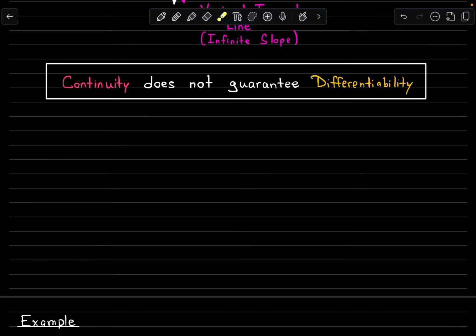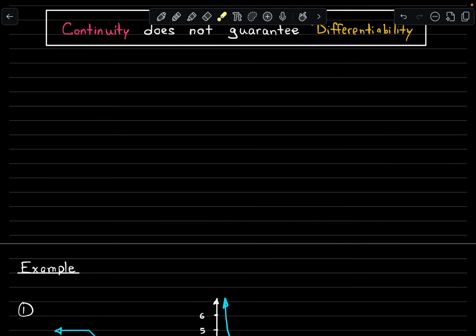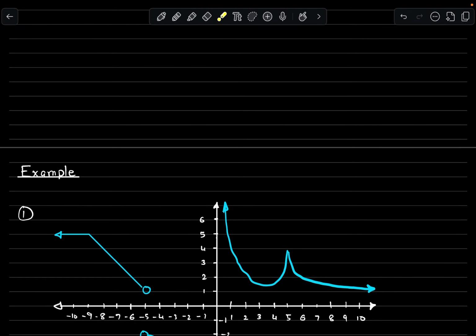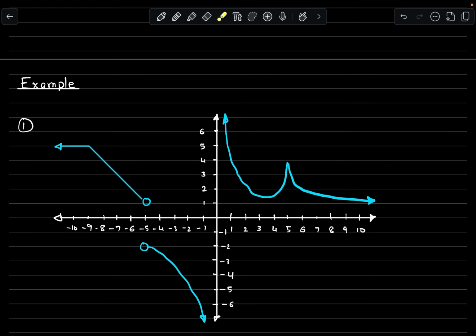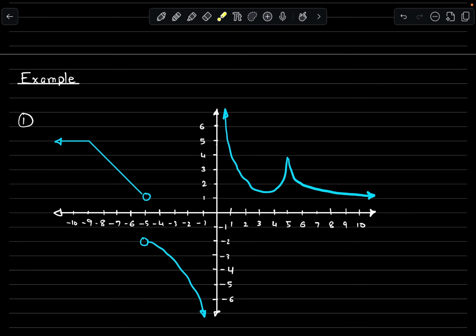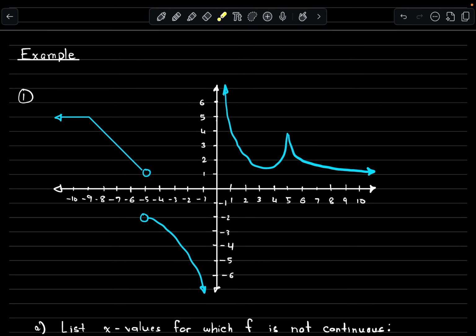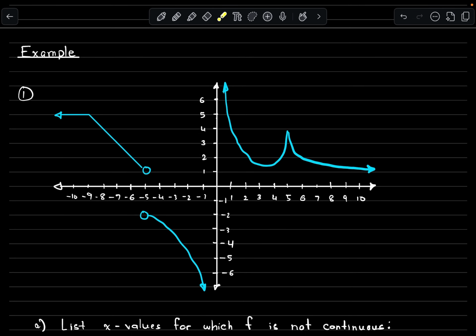Okay, so let's look at some examples. Our first example here, we're given a graph, and we've got some complicated piecewise functions going all sorts of different directions. Let's see if we can list, first of all, the x values for which f is not continuous. Anywhere the function's connecting, we're good.